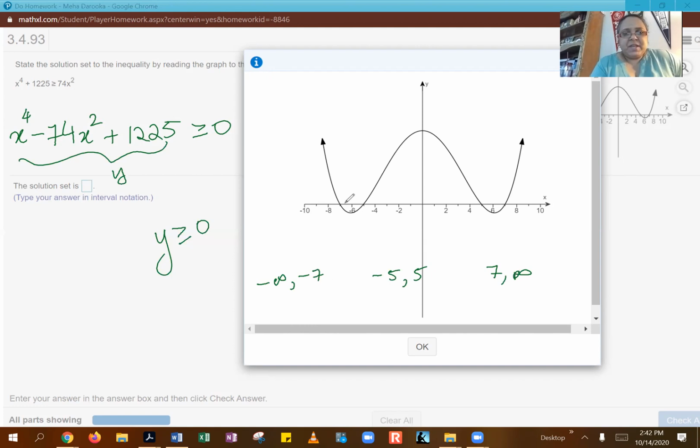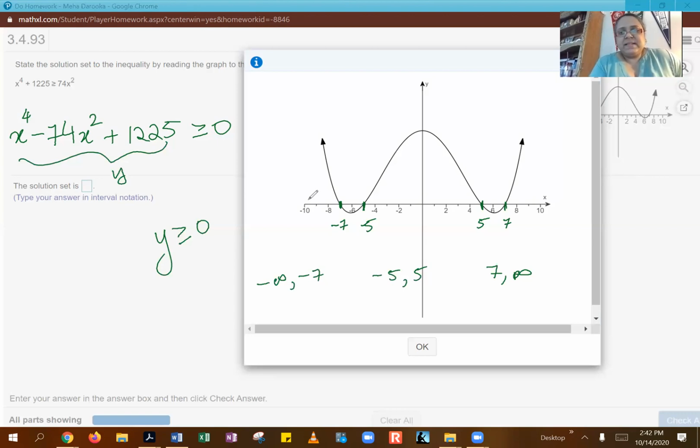And so yeah, you can see we are right here at -7. This is -5. This here is +5, and this is +7. Looks like Nathan, you also have the same interval.